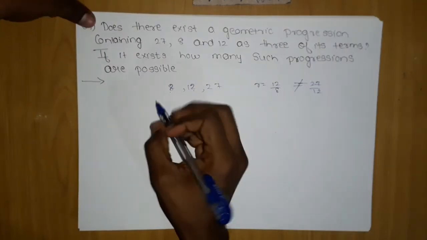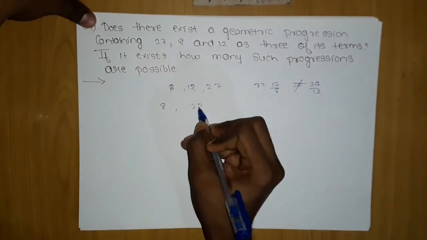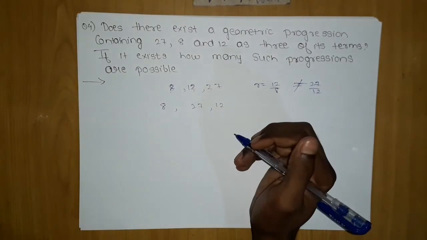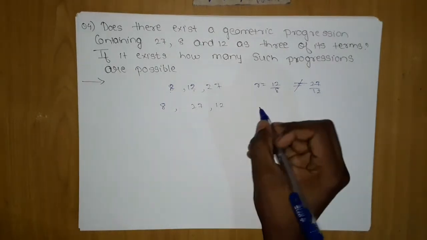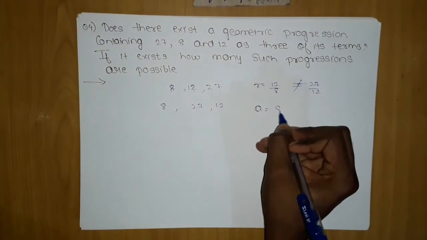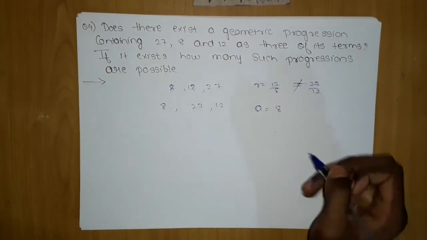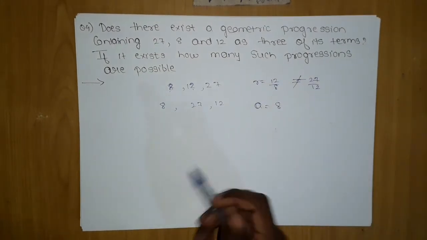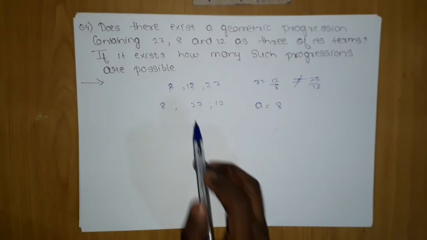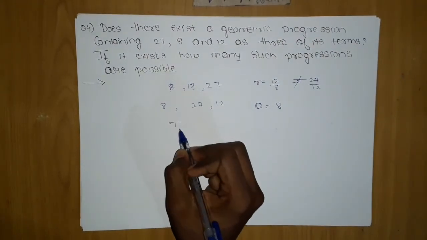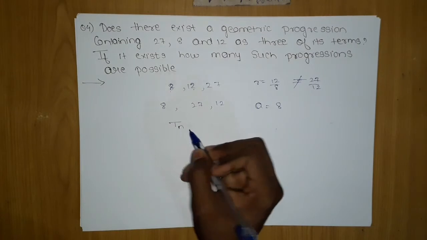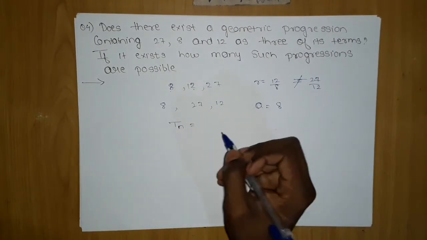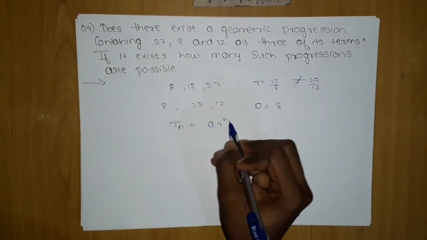Now if I say that 8, 27 and 12 are in GP, I can take 8 as my first term. Now 27 is some term, let me take it as Tn, which is A into r to the power n minus 1.